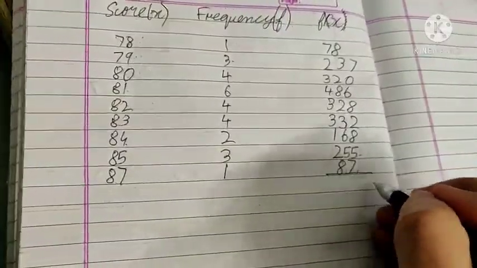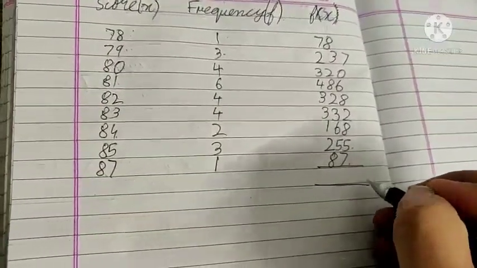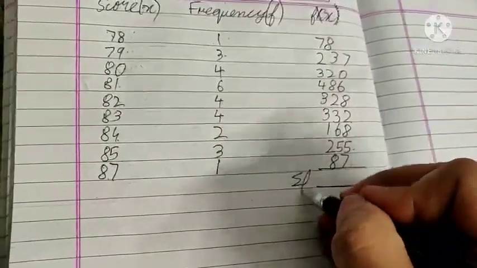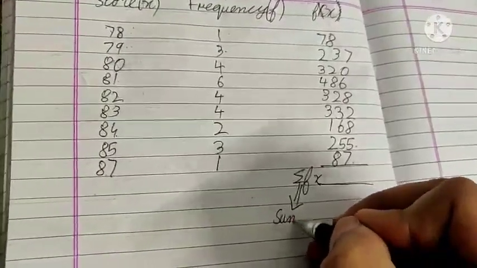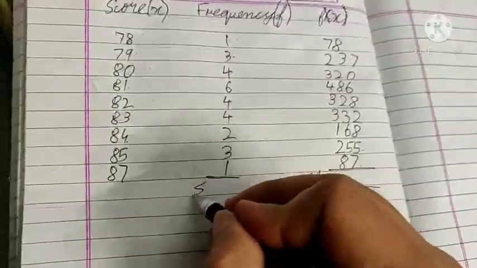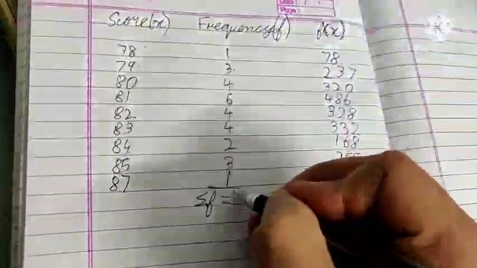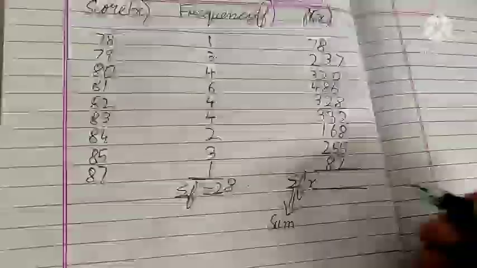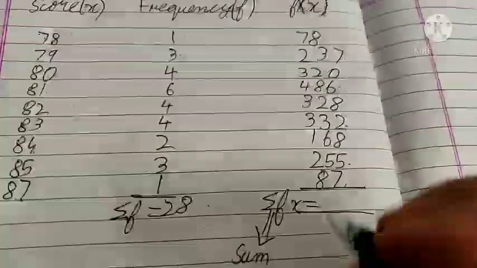We would have got the total sum of the scores. Okay, this will be sigma fx. Sigma stands for sum. I will find sigma f, meaning the total frequency, the number of times the things are occurring. It is 28. Okay, we will add them.